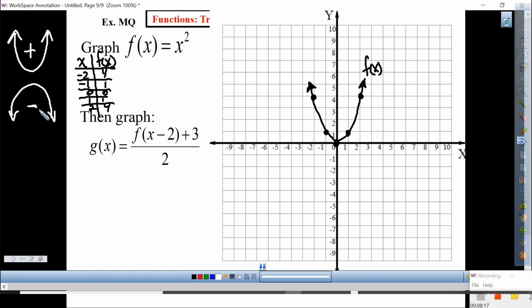The other thing that they should have covered, or they should have mentioned, which I mentioned last week, is these points right here. This one is the minimum, and this one is the maximum. However, those two have a specific name. These are known as the vertex.